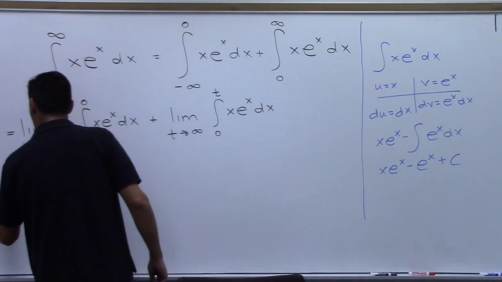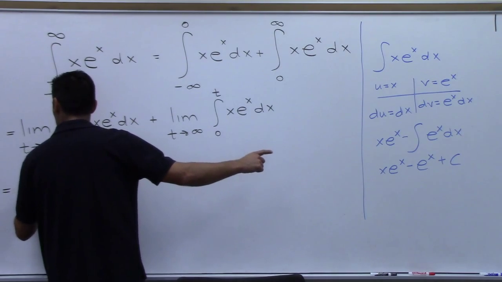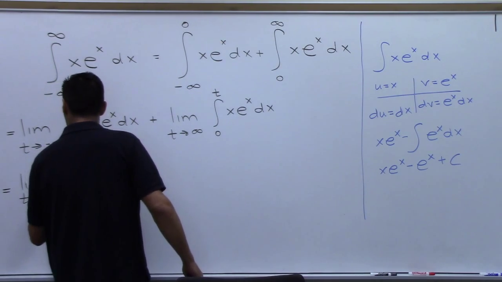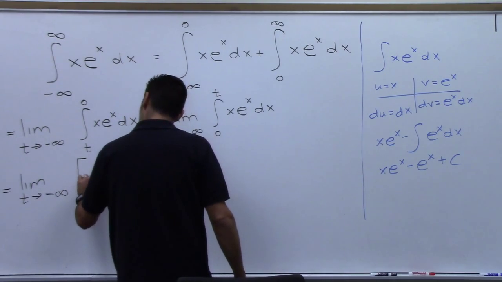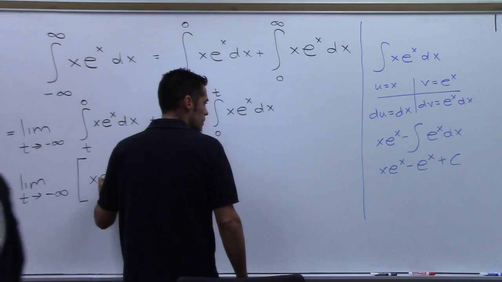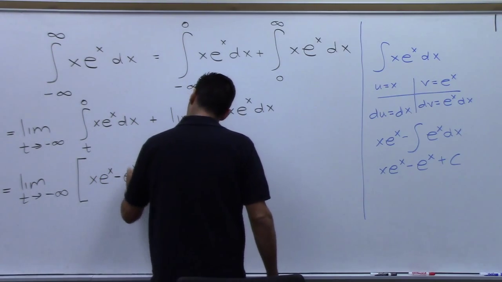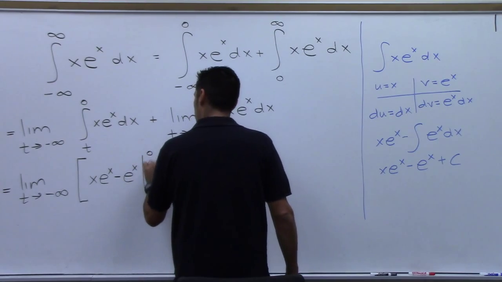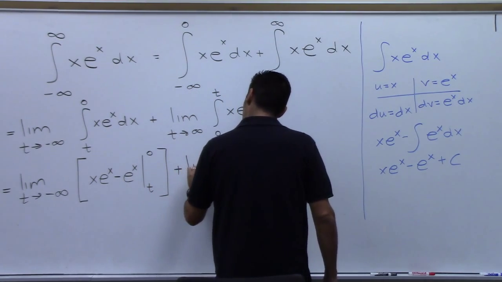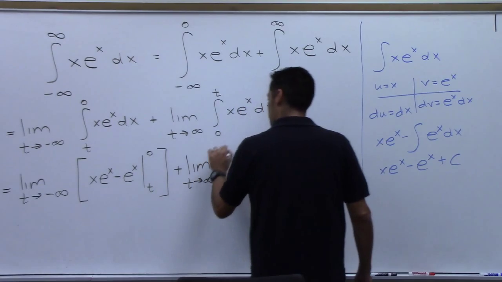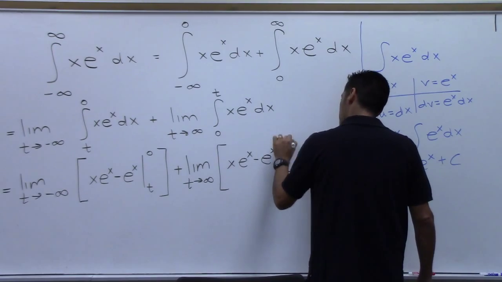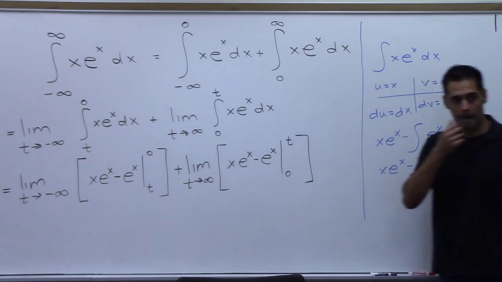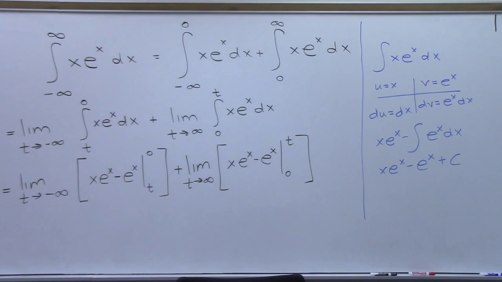You won't need the plus C. That's my scratch work on the side. Force of habit. Better to leave it like you had or to factor the e to the x out?